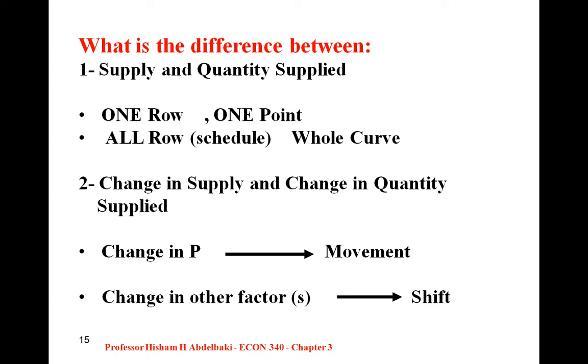But change in supply means one of the other factors changes, maybe expected price, price of inputs, state of technology, number of consumers, number of producers, price of substitutes, or price of complements. One of them changing will lead to a change in all amounts at the same prices. So this will change the whole table, and the curve will shift to the right if we have an increase in supply, or to the left if we have a decrease in supply. I will show this.